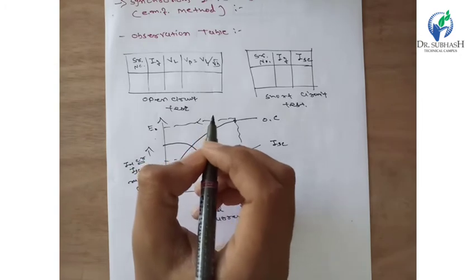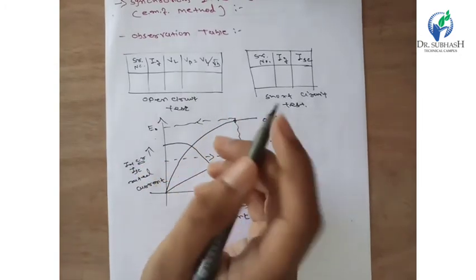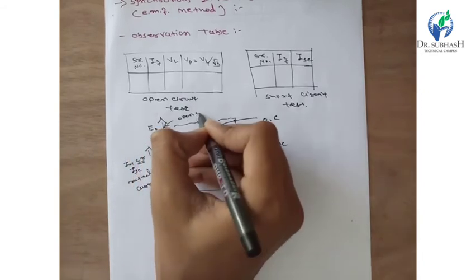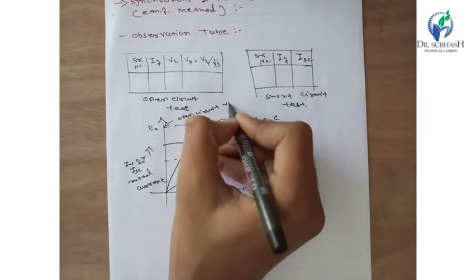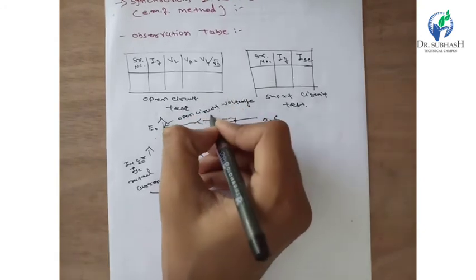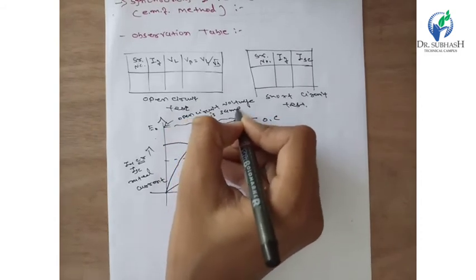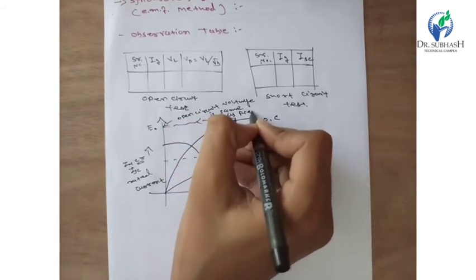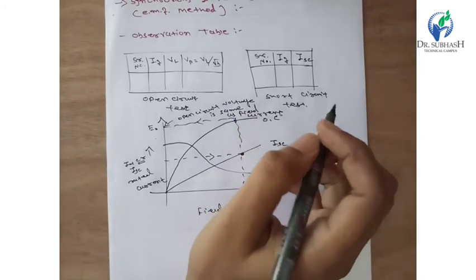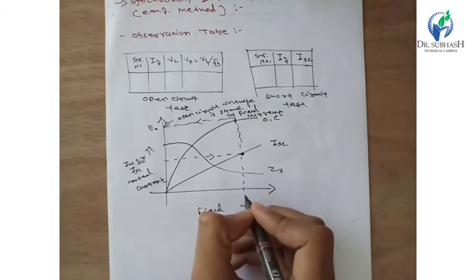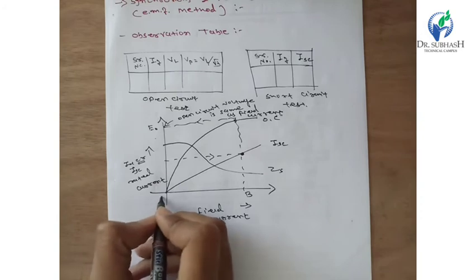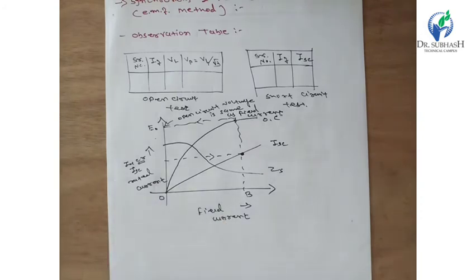The open circuit voltage for the same field current, at this point, is the same as the field current. This point is represented as point B, and here is the output value of the short circuit current.